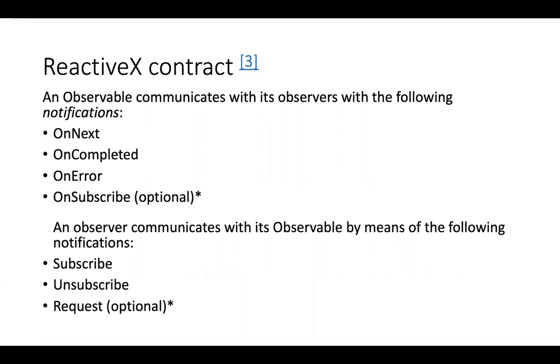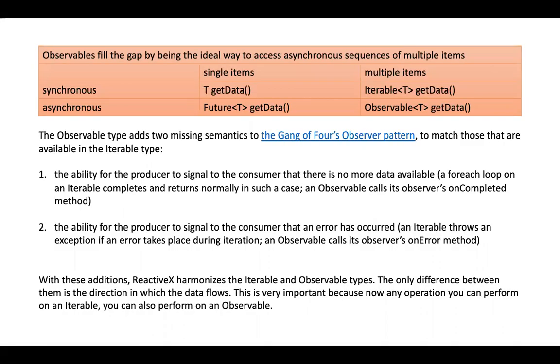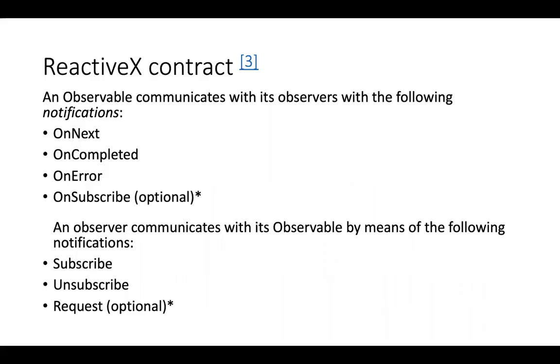That's it. Now in ReactiveX, we have added that the producer can signal that there is no more data available, which is on complete. And the producer can also signal that an error has happened. So these are the major contracts of ReactiveX.